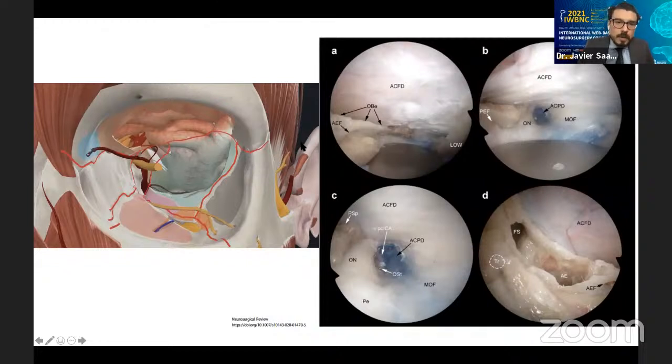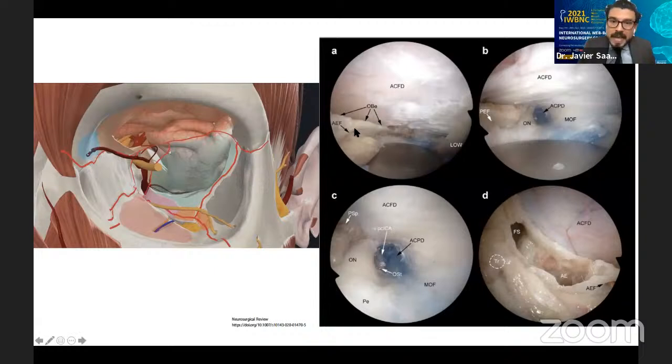Superiorly, we will have access to these structures. This is the anterior cerebral fossa dura, and this is the ethmoid, and this is a structure called the orbital beak. This is the point where the orbital roof starts becoming convex.